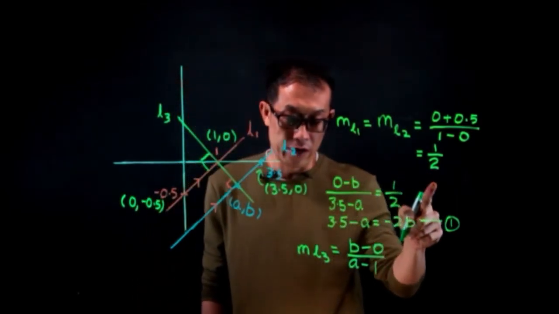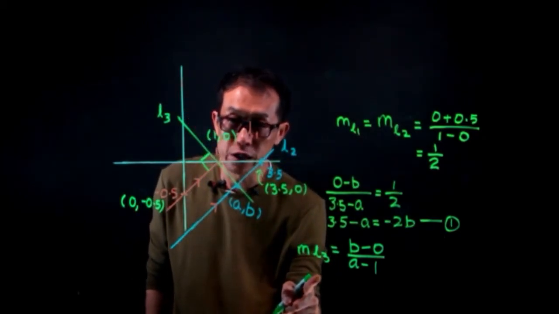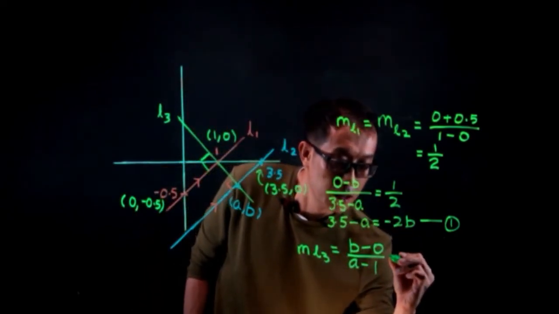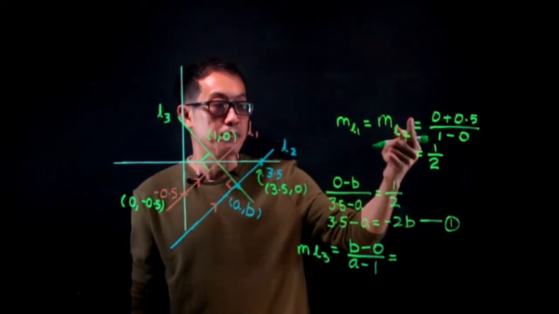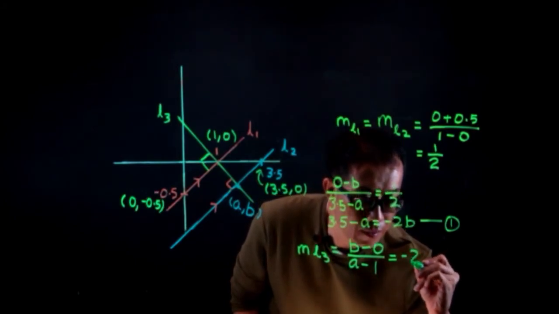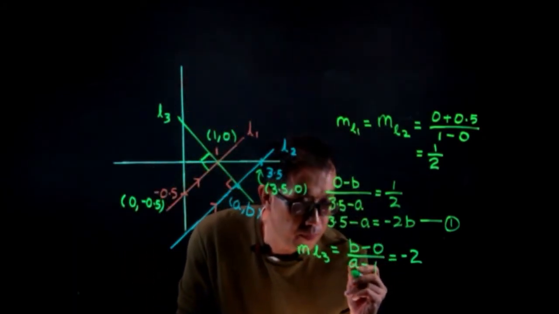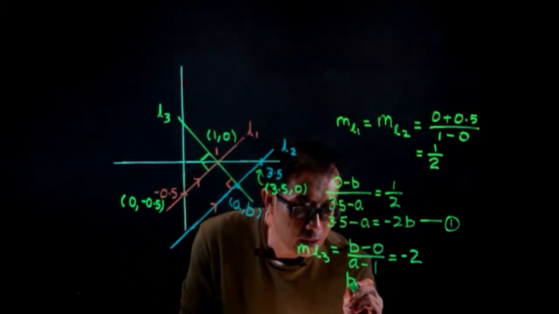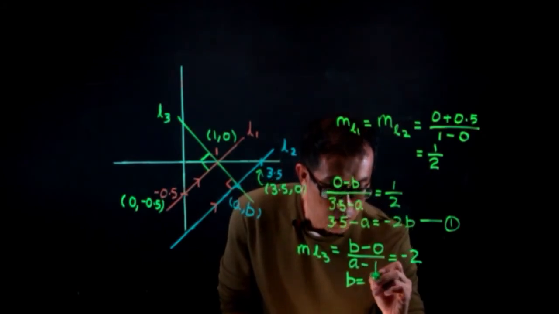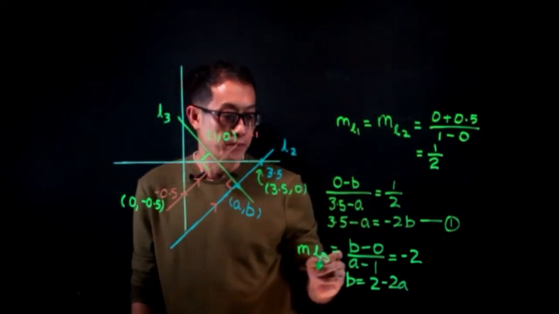They are both half. Now, since L3 is perpendicular to L1 and L2, the gradient of L3 is the negative reciprocal of L1. So you need to change the sign and you flip. Now you can do a cross multiply. So you got b is equal to 2 minus 2a.